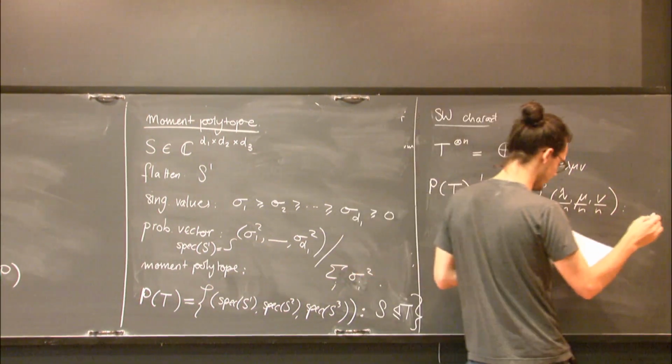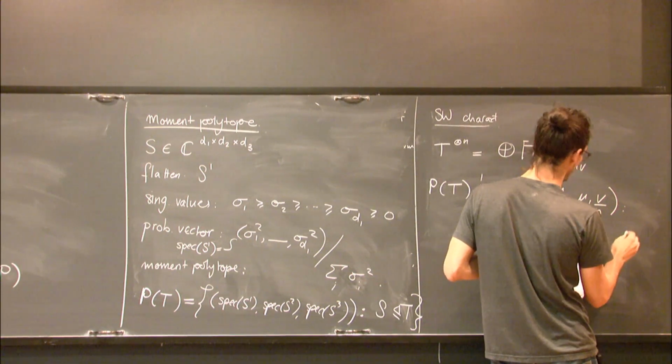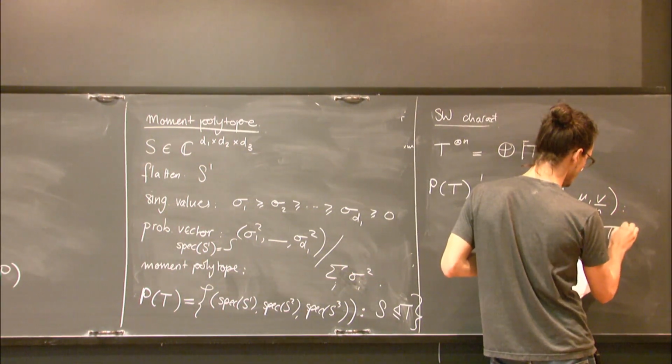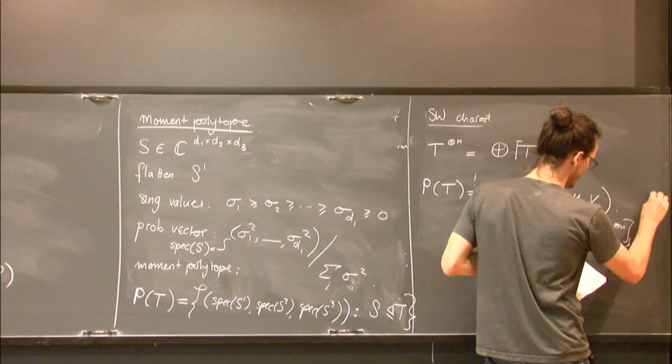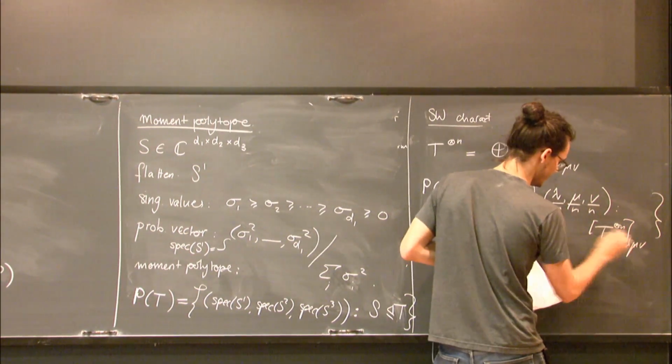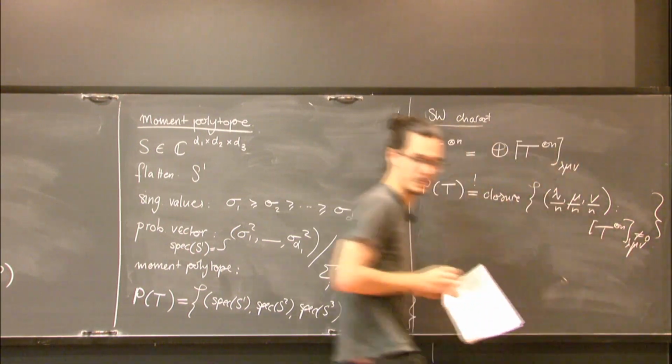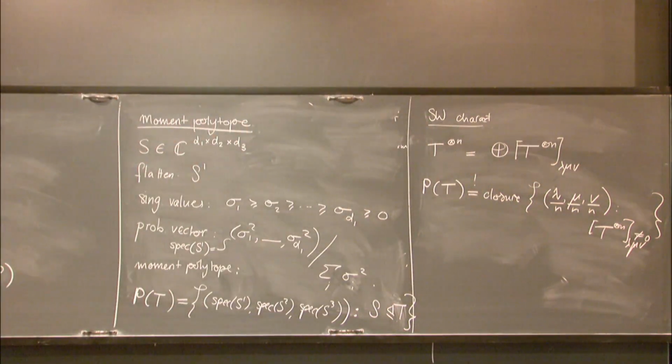And we take only the lambda mu nus for which these components are non-zero. So that's the alternative description.